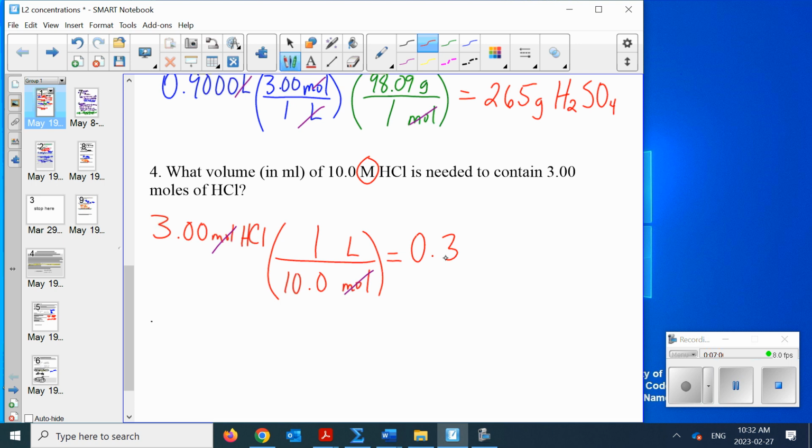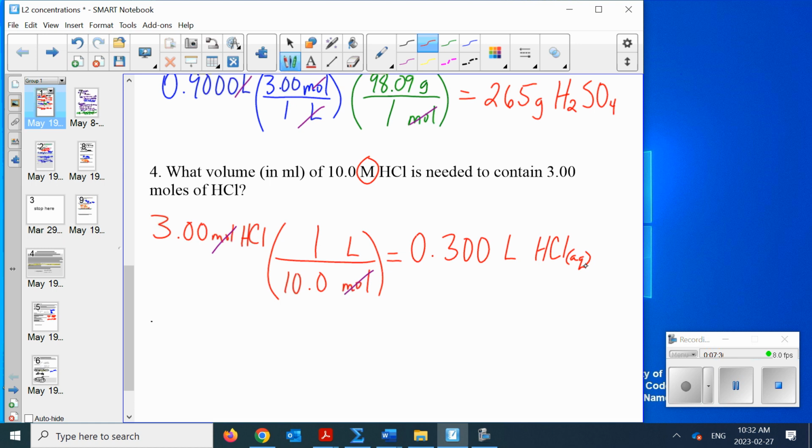But I've got 3 significant digits, so I'm going to have some tail end zeros to make that accurate. This, of course, unit-wise is liters of HCl. You can put the unit in there if you want, but you don't have to. We're talking liters of HCl.